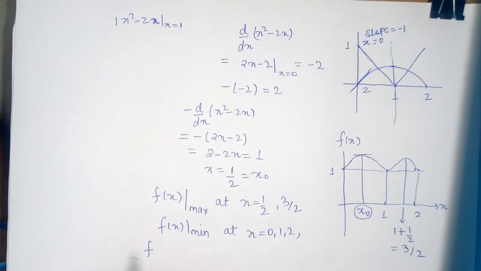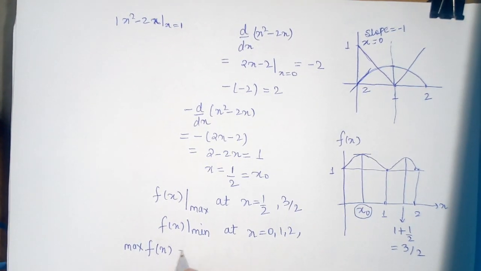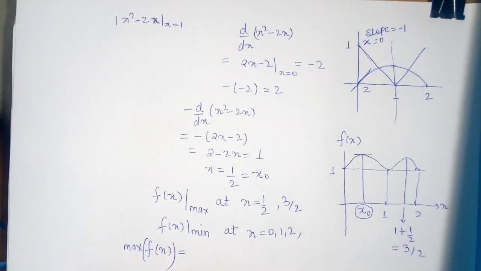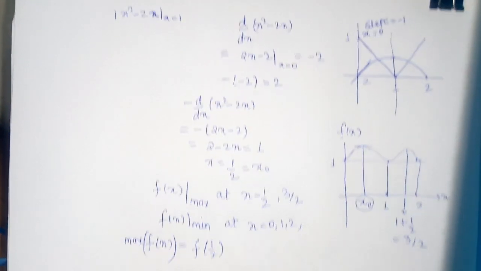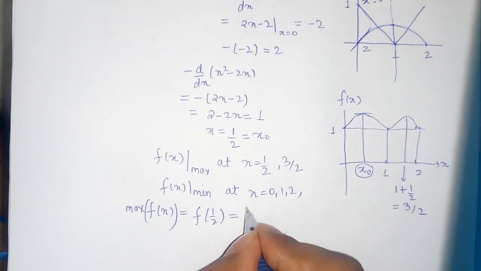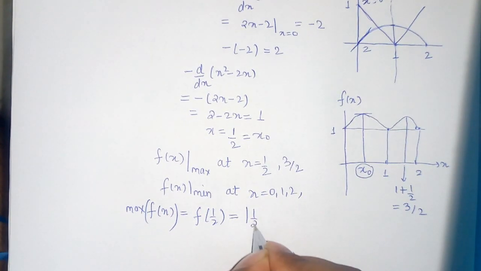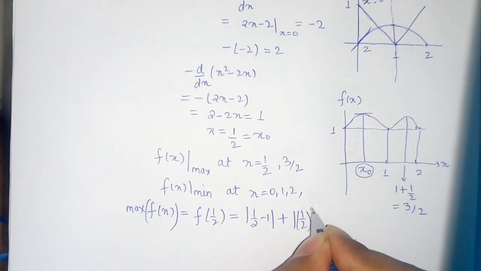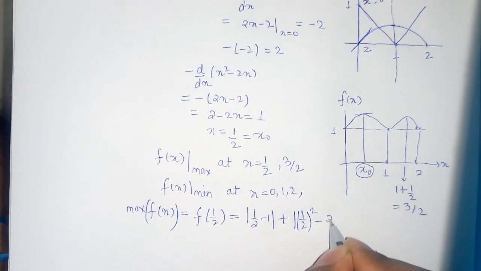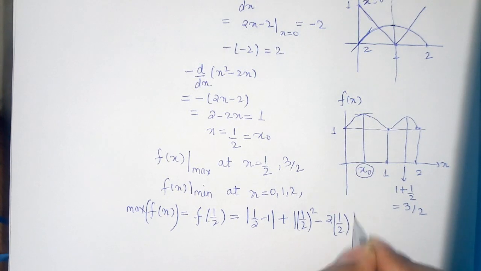So the maximum value of f(x) is f at half, which is nothing but |1/2 − 1| plus |(1/2)² − 2 times 1/2|.